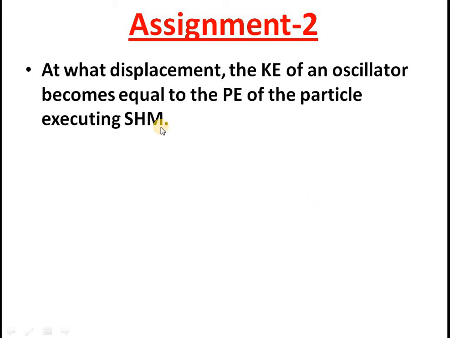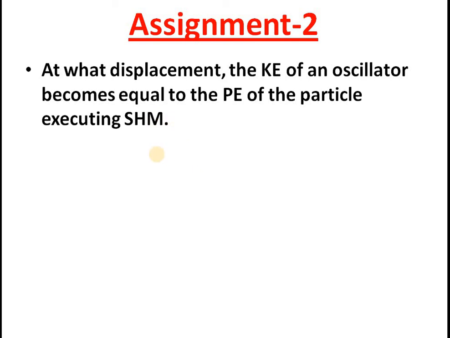And you have the second problem. At what displacement does the kinetic energy of an oscillator become equal to the potential energy of the oscillator? Okay, so the question demands that at a certain point the kinetic energy and the potential energy become equal. Or you can say the total energy is divided into equal halves. The first half is given to the kinetic part and the second half to the potential part.